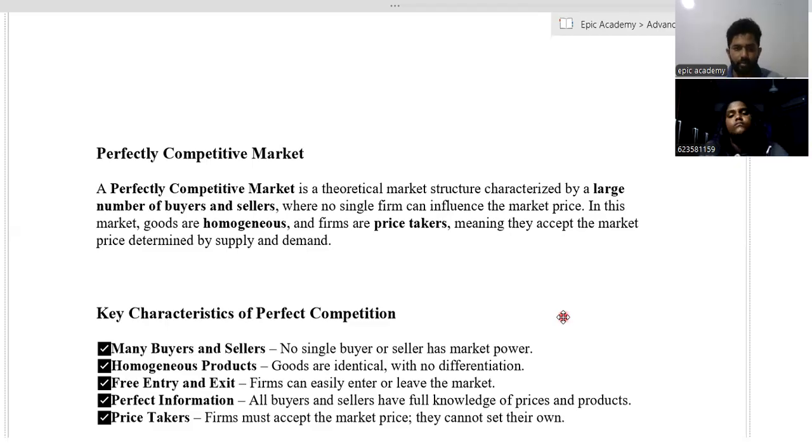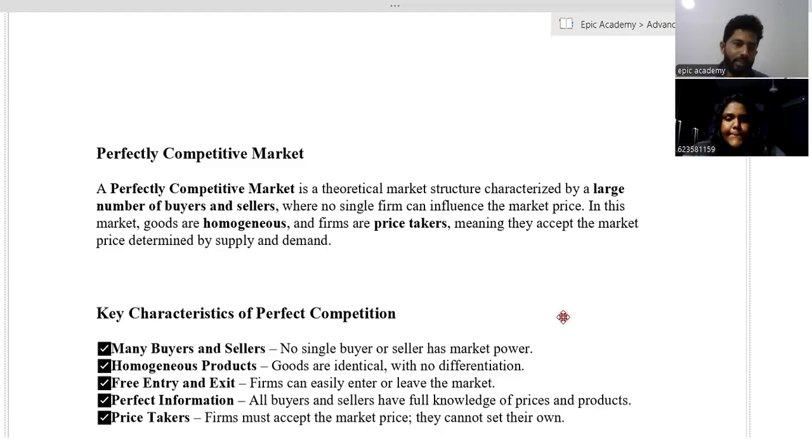No single firm can influence the market price. What does that mean? That means one producer cannot change the price of the market. They don't have the power to influence the market price.